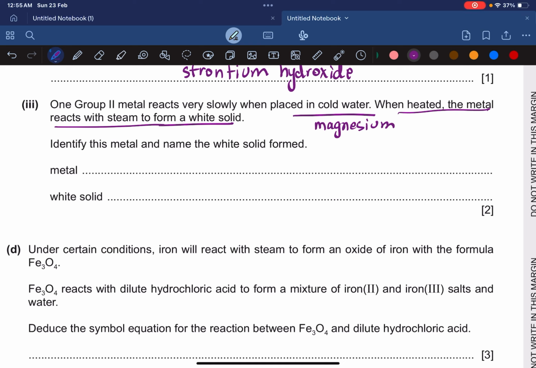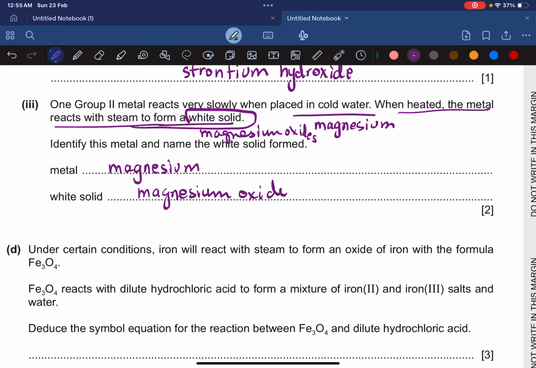And the metal reacts with steam to form a white solid. With steam they form oxide, and with cold water they form hydroxide. So the metal is for sure magnesium, and the white solid is going to be magnesium oxide.